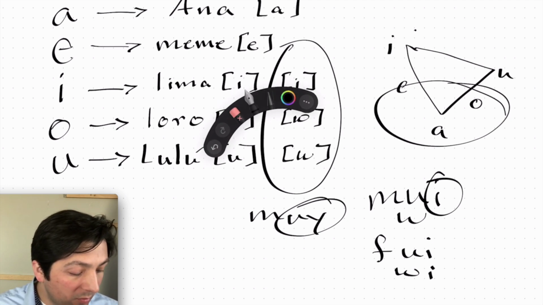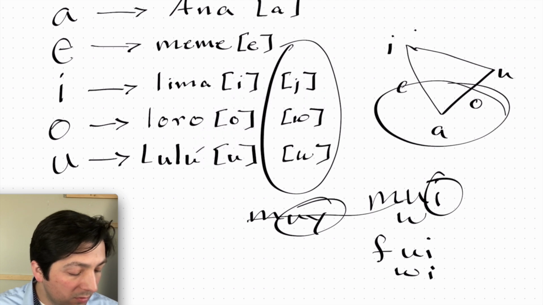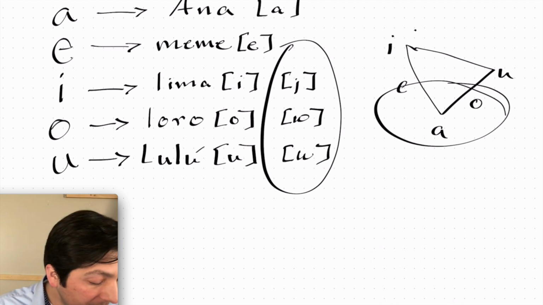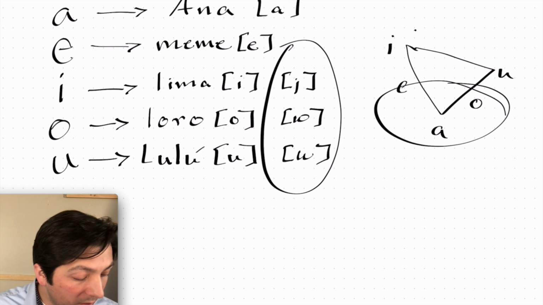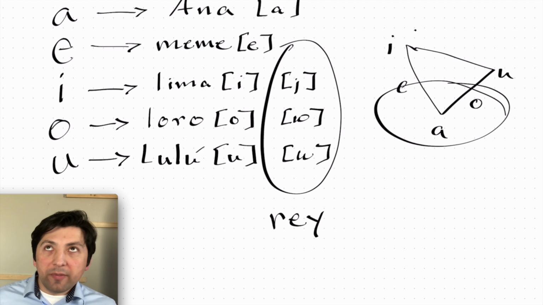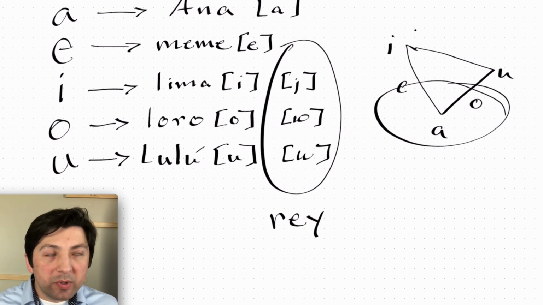And to give you an example, we could have rey, which is king. So if the I is a glide and it's in final position, we always spell it as a Y.